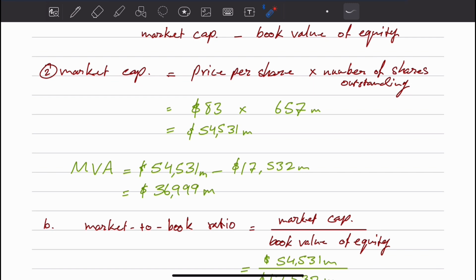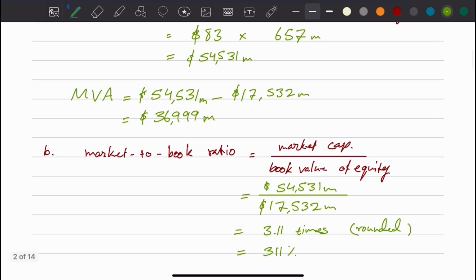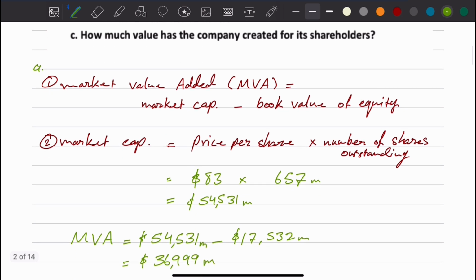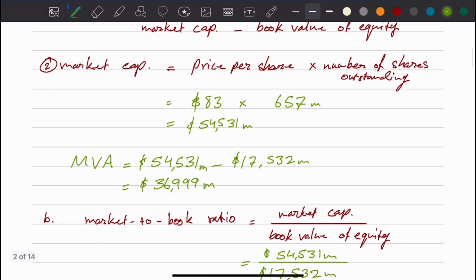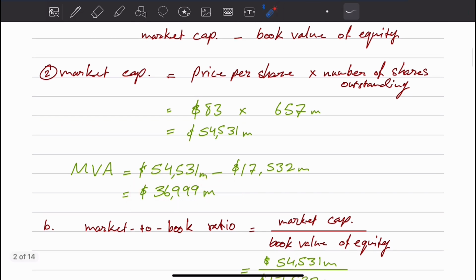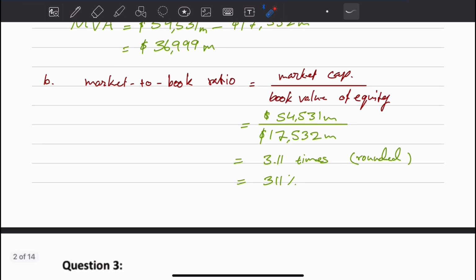So the question says, how much value has the company created for its shareholders? You can use your answer in part A, and put it in words, or you can use your answer for part B, and also put it in words, as long as you show that you understand what you're saying, right?